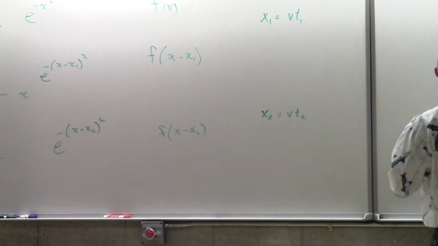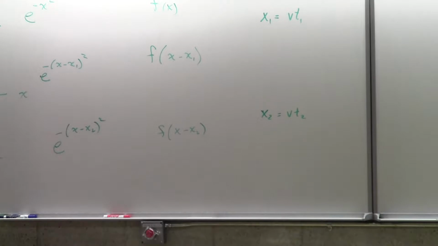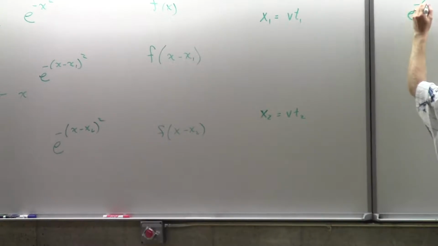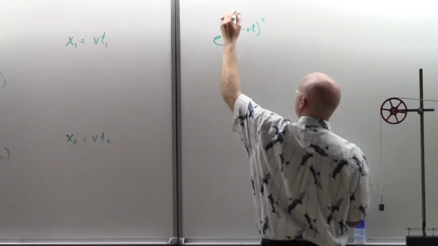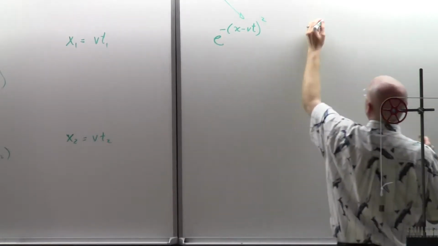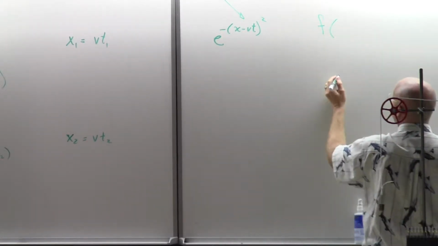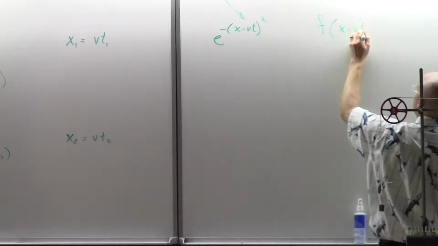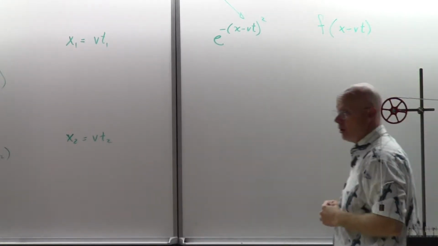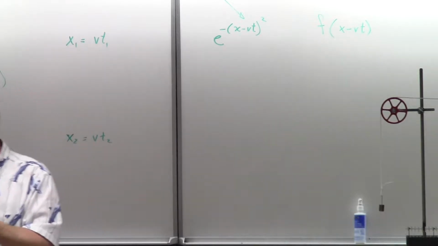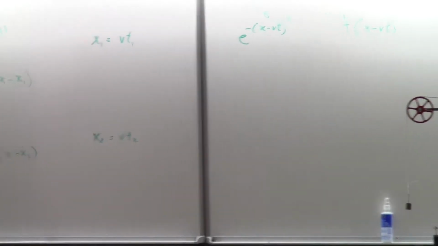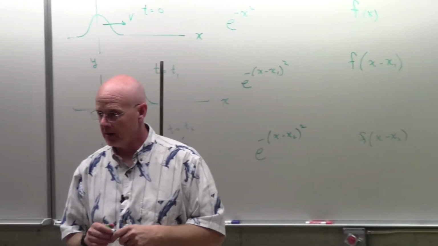And I told you it was going to be a little abstract. But what I am trying to get you to see here is for something to mathematically be a wave, you would have to have a function, and inside that function, you would have to have position and time, and they would have to be written in that form. Does that make sense?